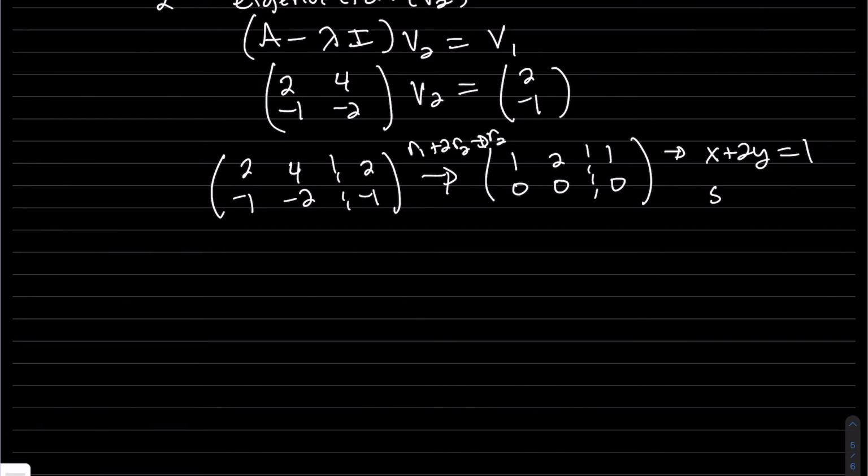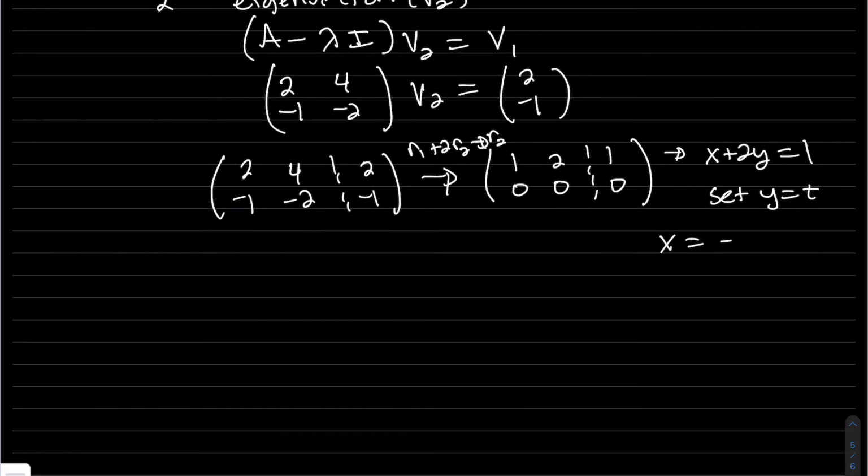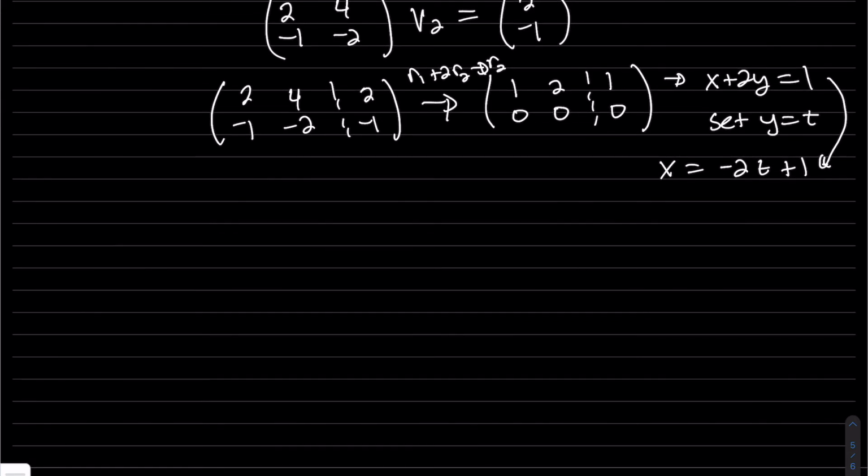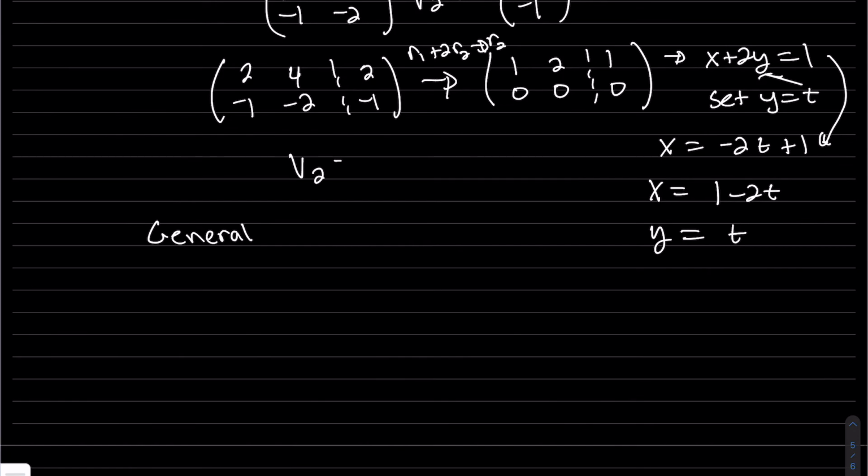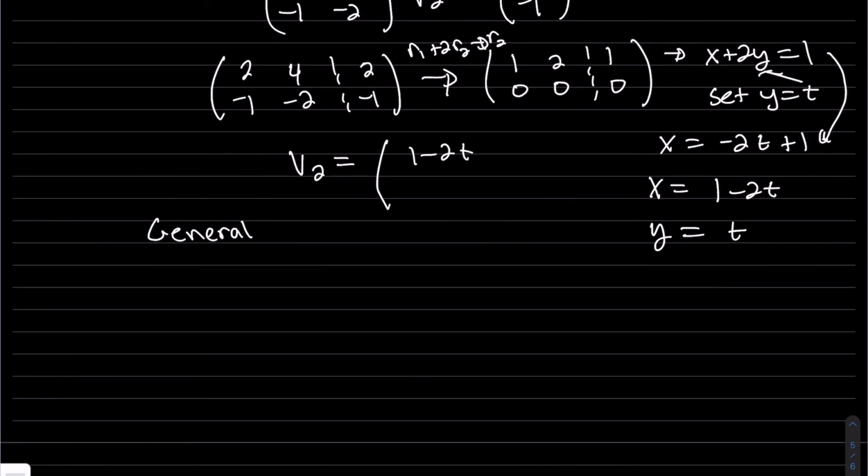So we'll set y equal to t, like we did last time, and x equals 1 minus 2t, using that equation. I'm plugging in t. If we want, it doesn't matter. 1 minus 2t looks prettier, maybe. So our general solution, that's my x, that's my y, which is t. And so my V2, I should finish this off, is 1 minus 2t, t.